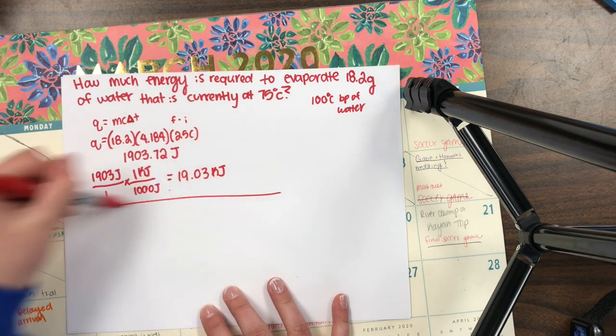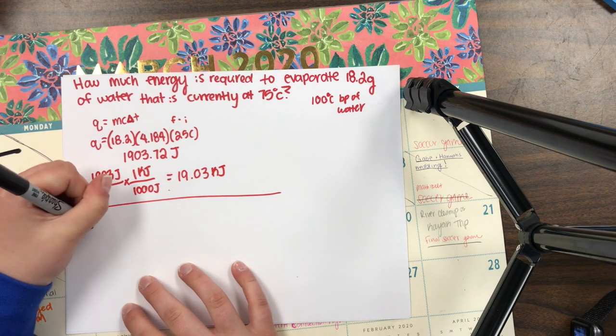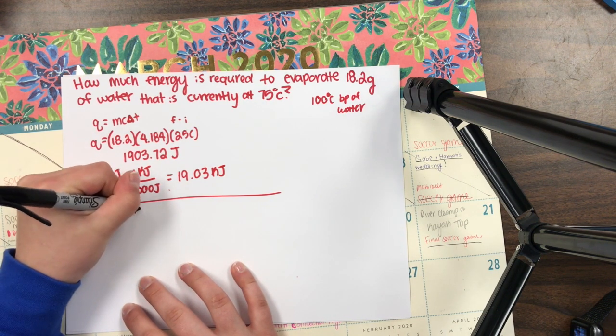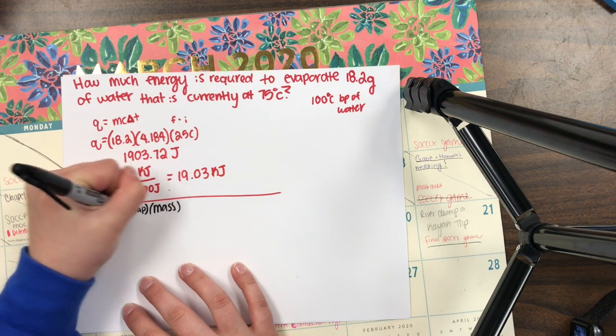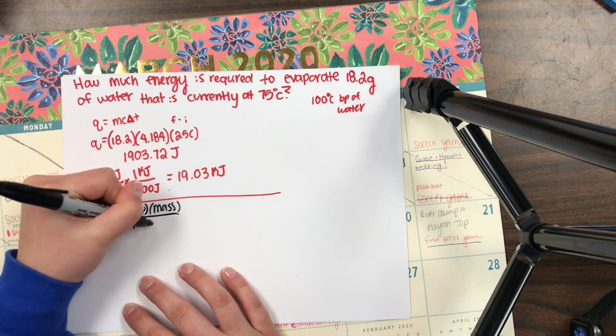Okay. Now that I have that part done, I need to go ahead and solve my heat of vaporization problem. So the equation for this is delta H equals my delta H of vaporization times the mass divided by the molar mass.